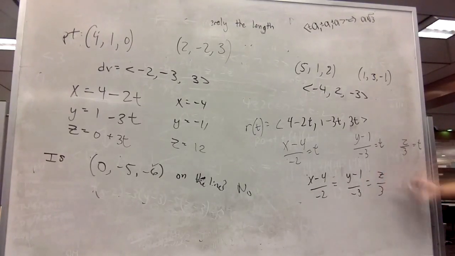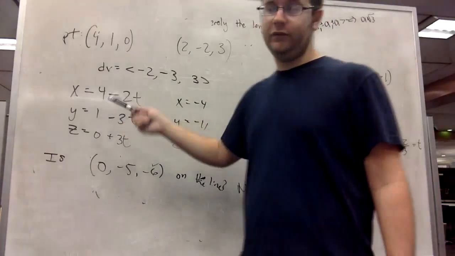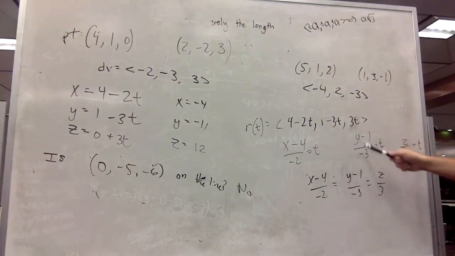This is what's called the symmetric form of the line. So in order to find the symmetric form, you take the parametric form and solve for t in each equation. Because they all equal t, they all equal each other.